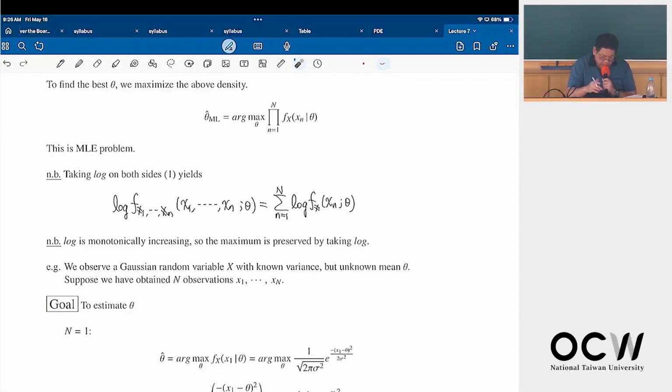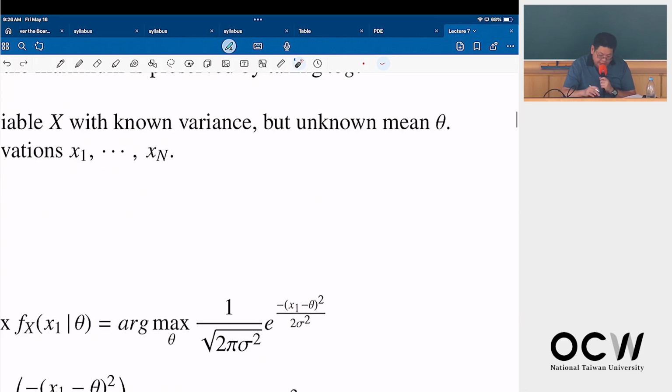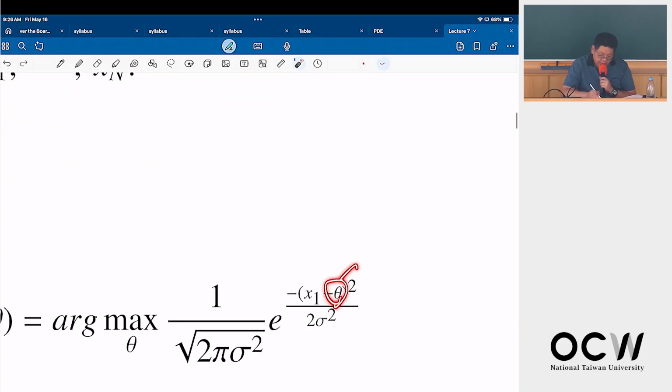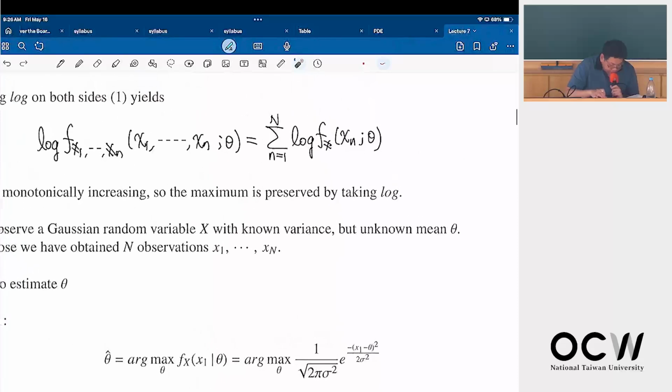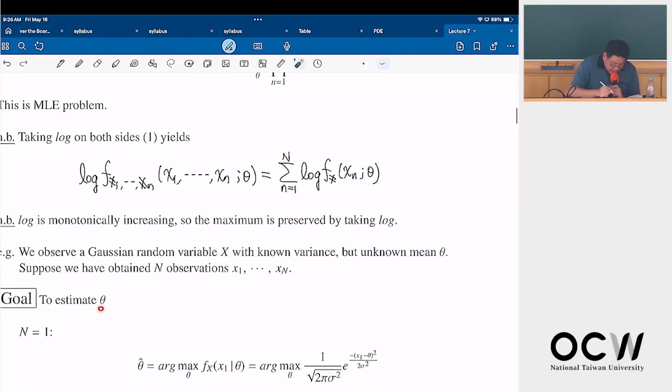So this is our Gaussian distribution, right? We know everything except this theta. Then we try to find this theta, and to get it, we will take the maximum of this PDF. So the goal is to estimate theta.